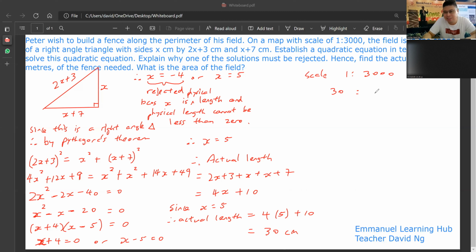Correct? The perimeter on the map is 30 cm, and 1 is 3,000, so 30 is 30 times 3,000. 3 times 30 is 90, then add 3 zeros. So the actual length is 90,000 cm.